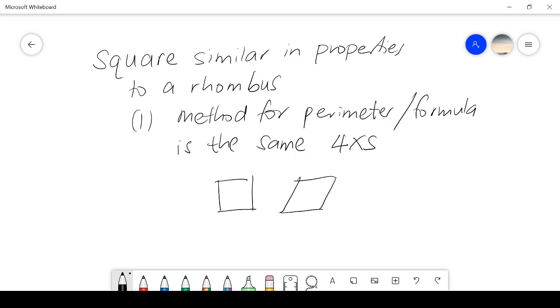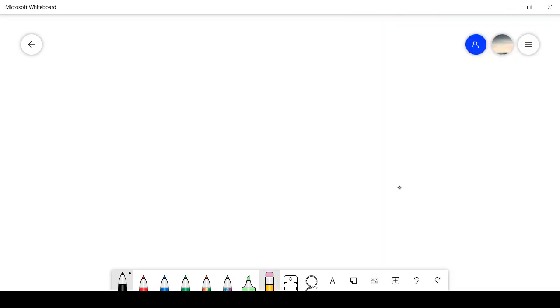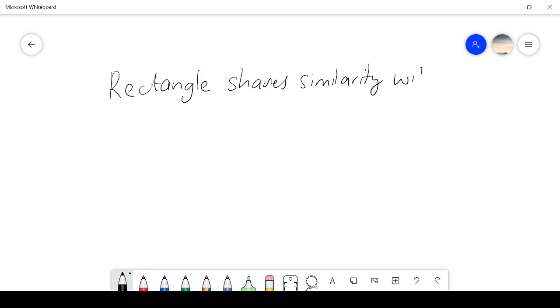Okay? Next, we can say that a rectangle shares some similarity with a parallelogram.